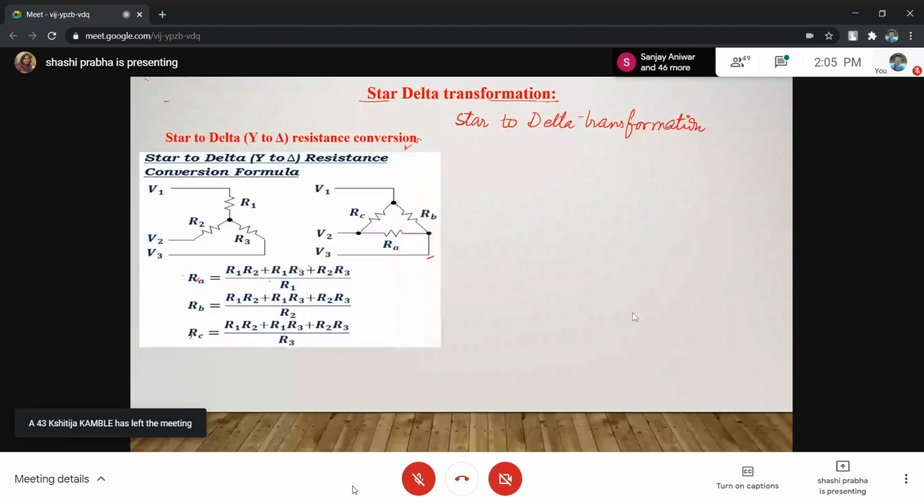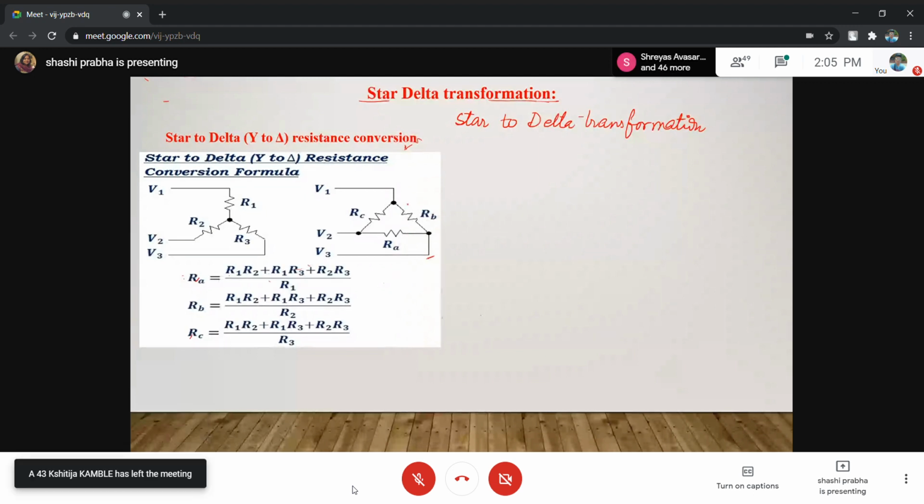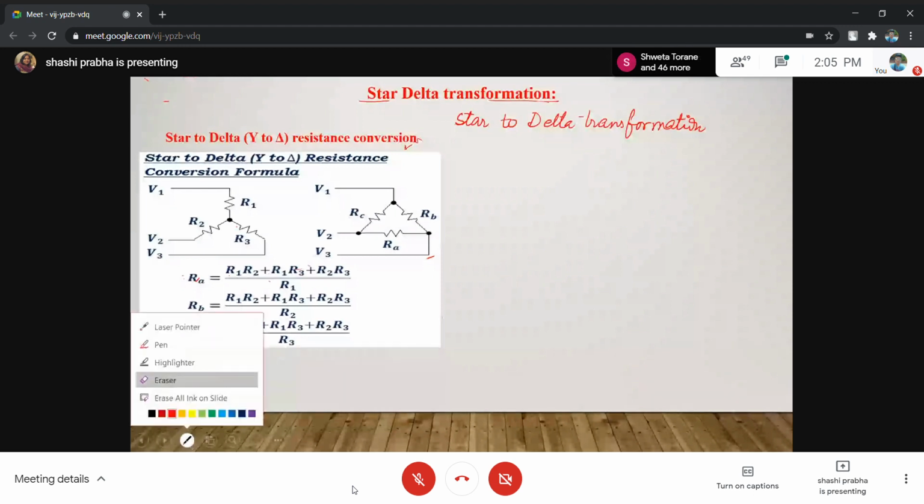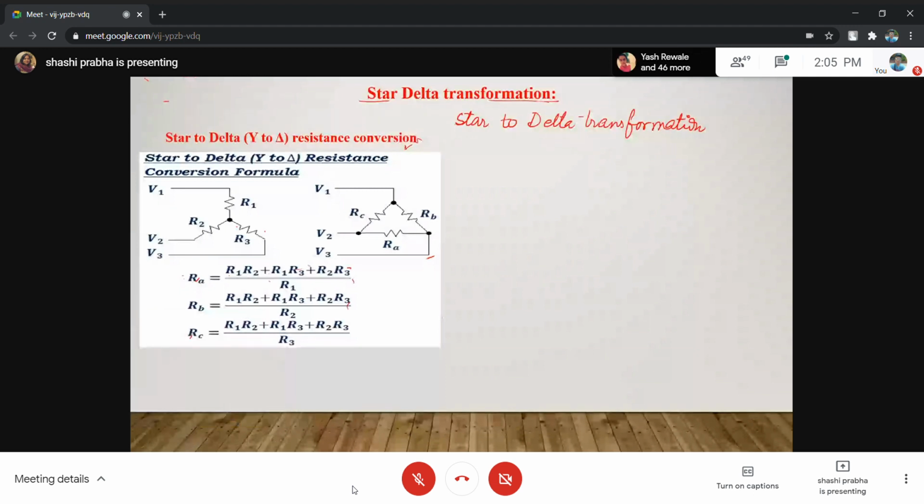This, as I told you, is a star which has resistances R1, R2 and R3. And these are the resistances which are in delta, RA, RB and RC. Now you can remember the formula as it is because there is no point of doing any derivation.